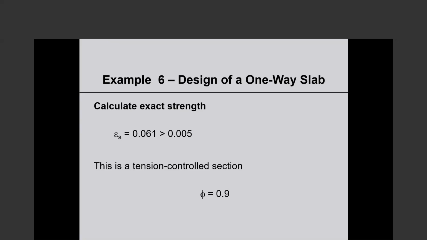Let me think for a second. Haven't we taken care of that by providing a minimum reinforcement ratio? Because if the tension is high, the concern, I think, will be rupture of the tension reinforcement.